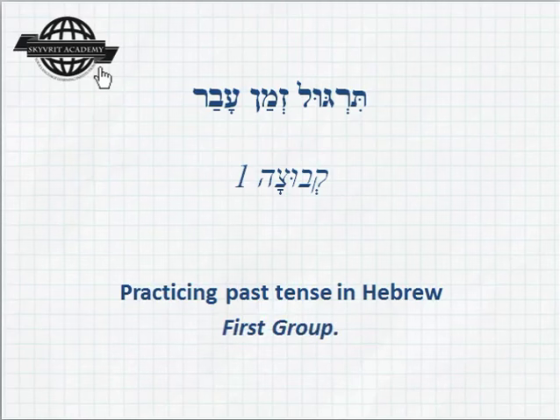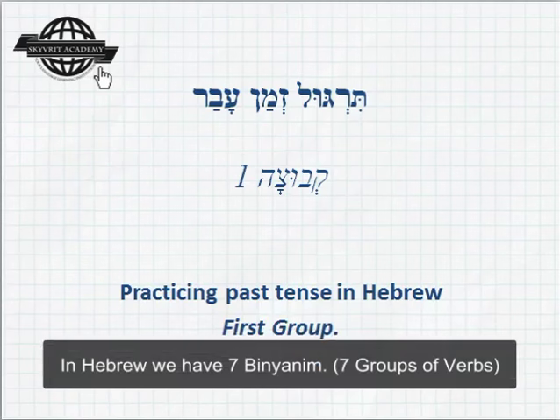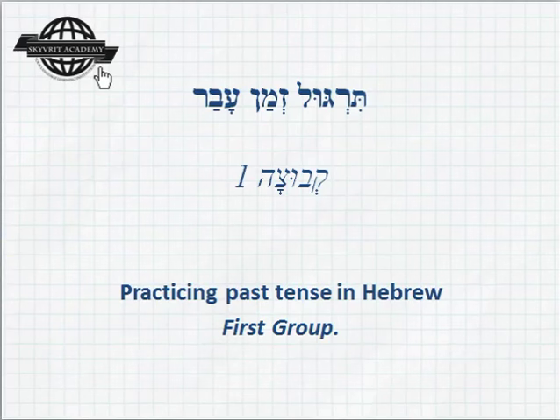It makes a lot of sense in other languages as well. You have such groups. In Hebrew, we simply call it binyan. Even if you don't understand fully what I'm talking about right now, that's okay. Just make sure to follow along, and hopefully everything will be much clearer.